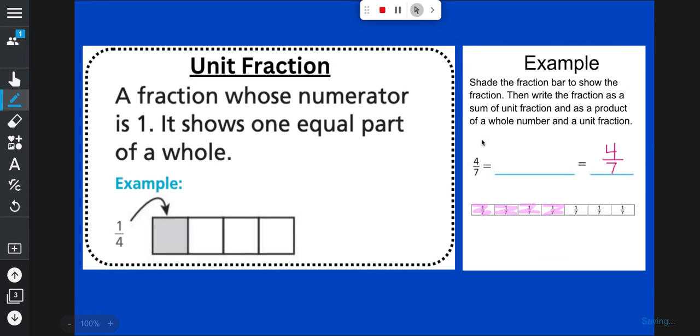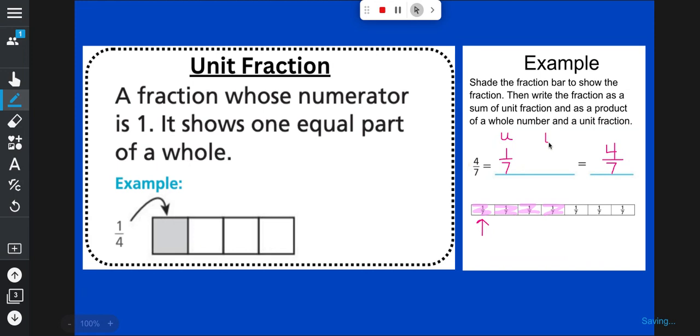Now we want to write it as a unit fraction. If we look, our unit is 1 piece. So our unit is 1/7. If we're writing it as a product of a whole number and a unit fraction, there's our unit fraction.